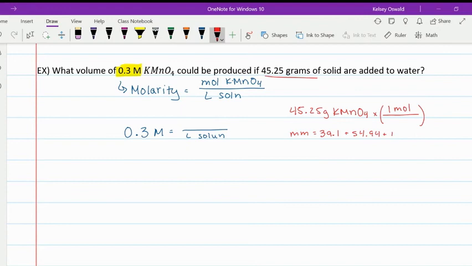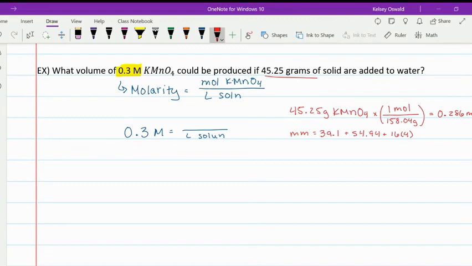And then plus oxygen, which is 16, but we have 4 of them. So we'll have to add those all up. So when we add those together, we'll find that our total molar mass ends up being 158.04 grams. So if we have 45.25 grams, that ends up being only 0.286 moles.